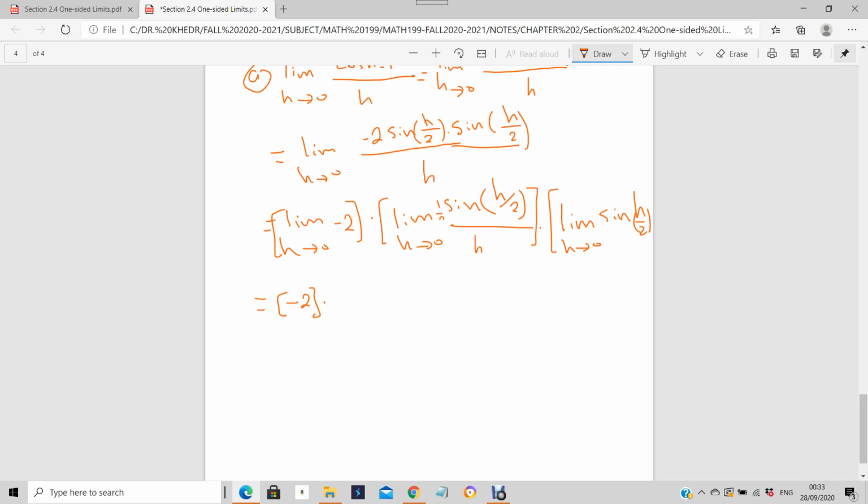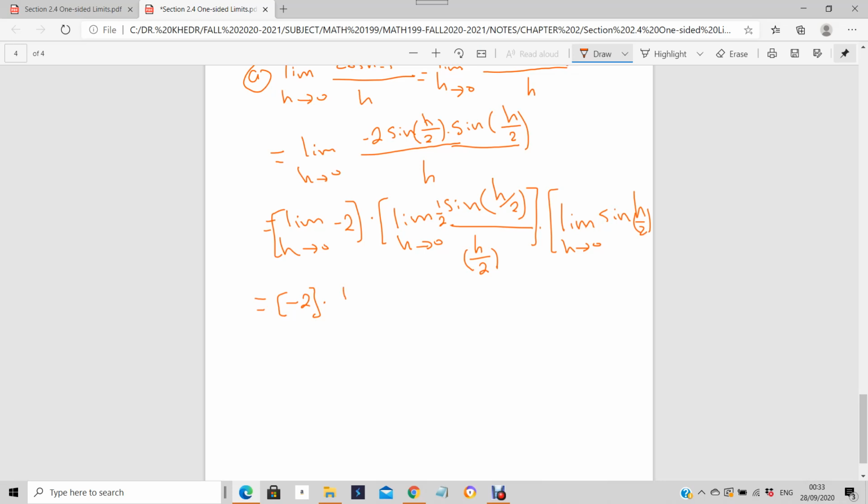So if I multiply this by half, and multiply this by half, means divide by 2, then the angle inside the sine is the same as the angle in the denominator. And if we assume h over 2 is theta, then this limit will be sine theta over theta, which is equivalent to 1. But don't forget to multiply by half.